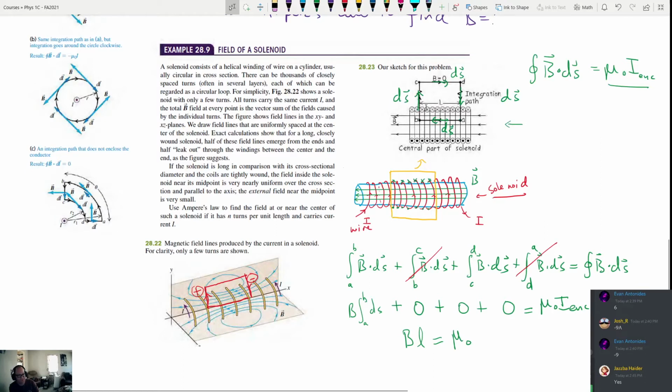So for every one of these x's that we have right here, that is another current that's equal to I that's passing through our integration path, right? So how many do we have right there? How many I's? There's one I, 2, 3, 4, 5, 6, 7, 8. Looks like 8, right? So I think that our I enclosed is going to be 8 times I.